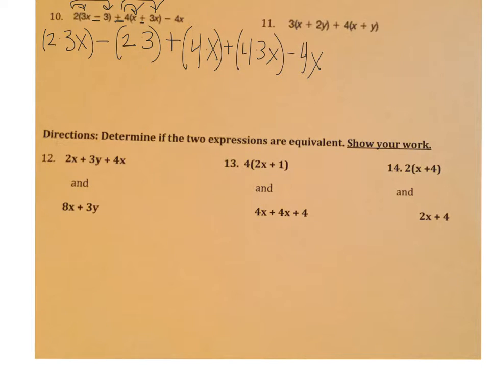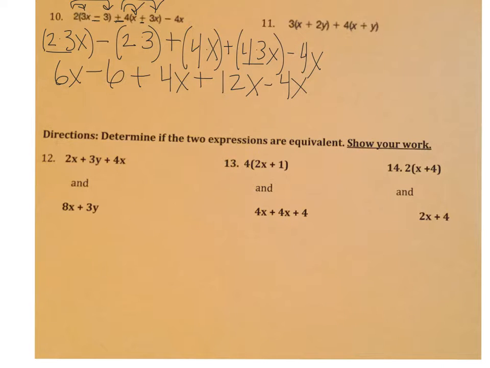Okay, now let's go ahead and see what we can multiply. 2 times 3x will give me 6x, minus 2 times 3 will give me 6, plus 4 times x, we're just going to keep that as 4x, plus 4 times 3x is 12x, minus 4x.